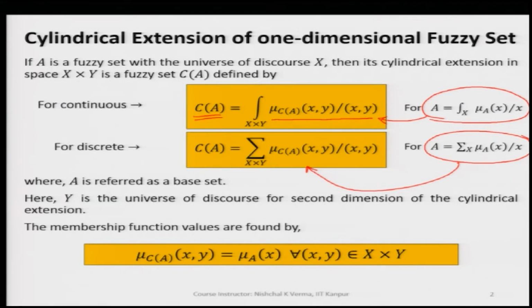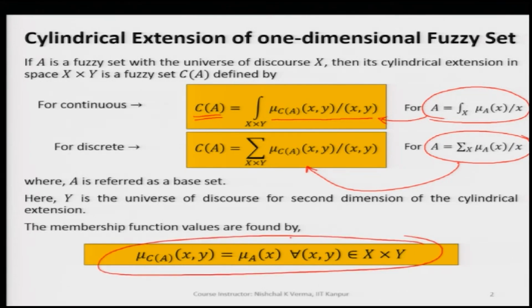It is very interesting to note how we can get the membership values corresponding to the increased dimension, in this new generic variable or the combination of generic variables. It is very simple.